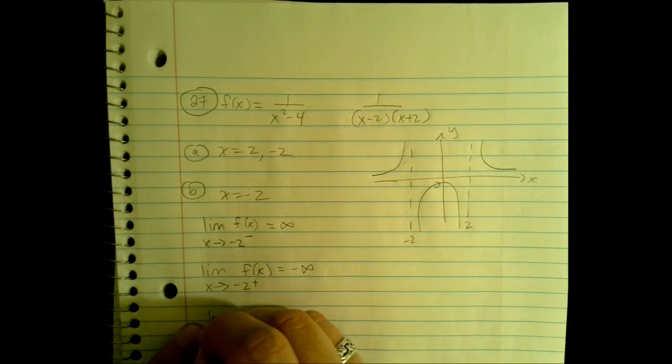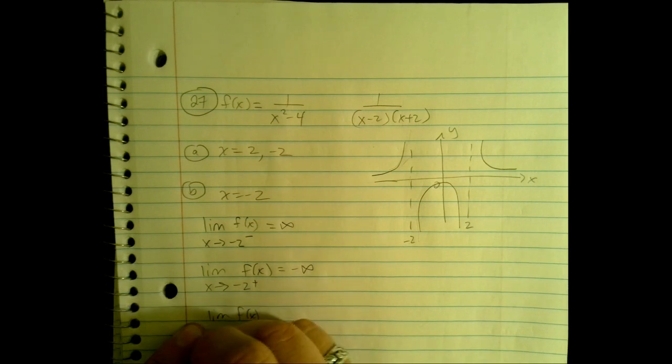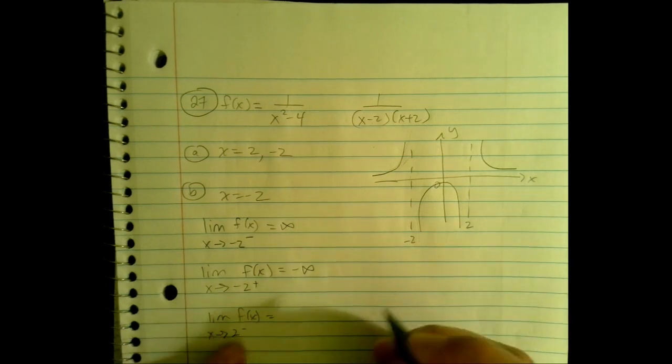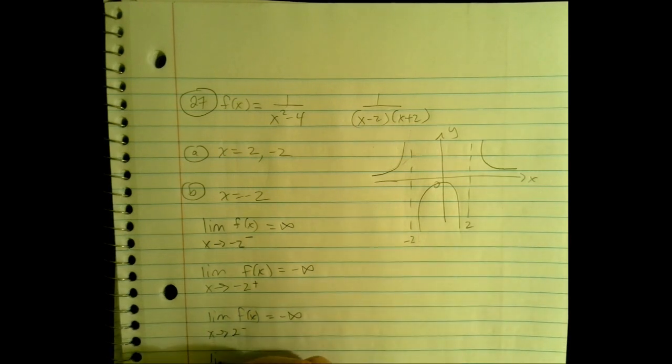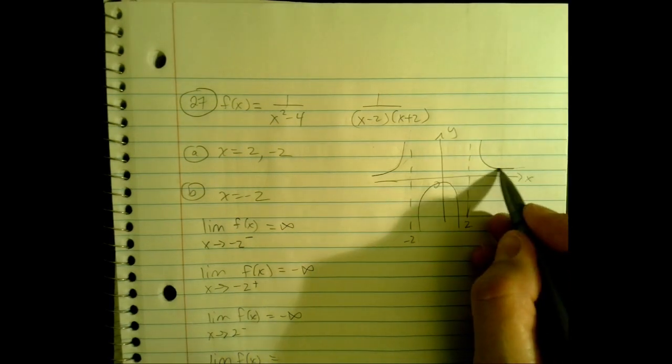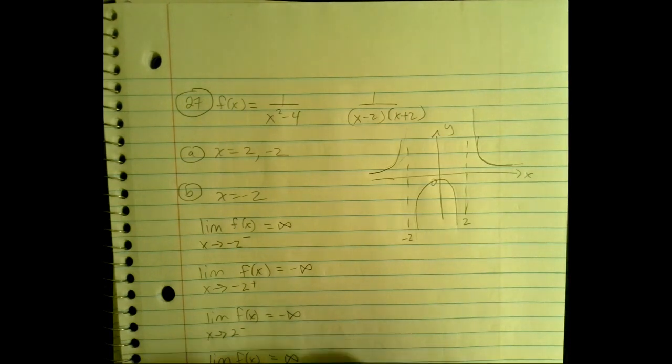The limit of f of x as x approaches positive 2 from the left is negative infinity. And the limit of f of x as x approaches positive 2 from the right is positive infinity.